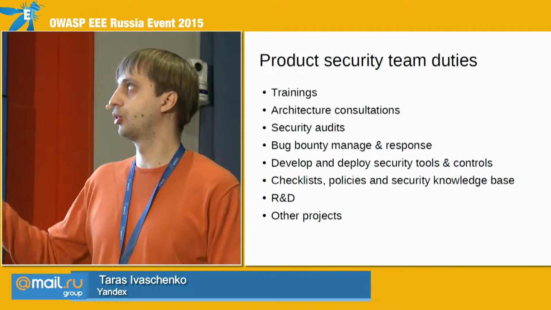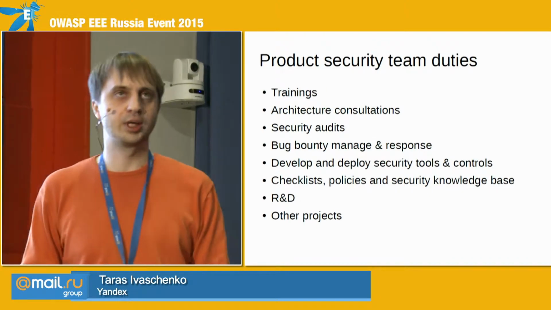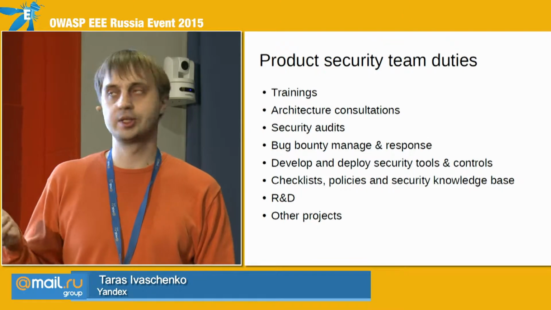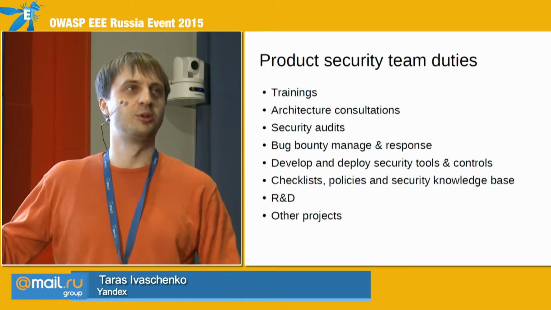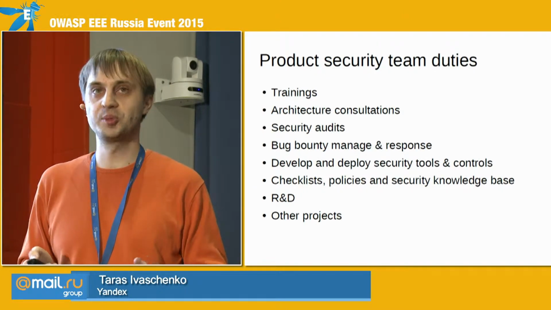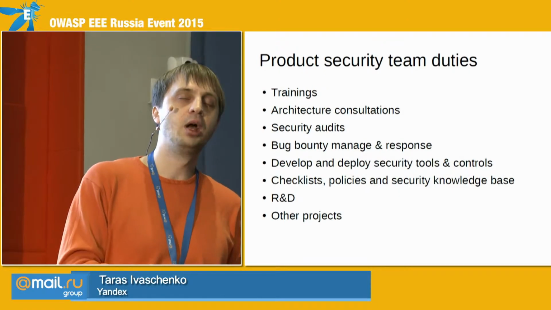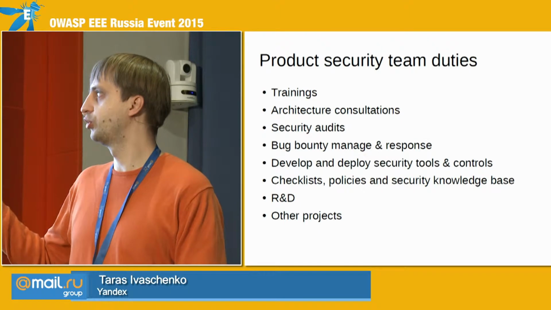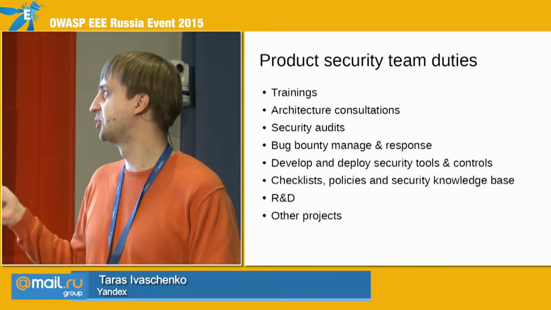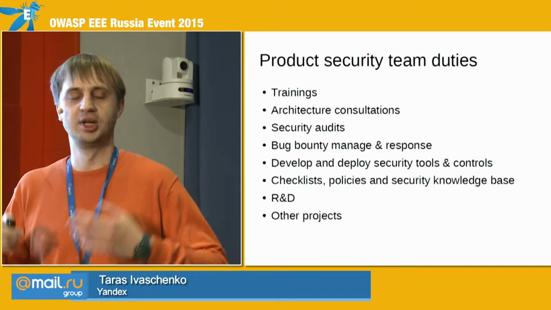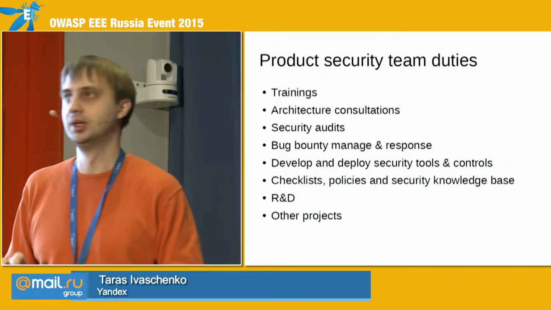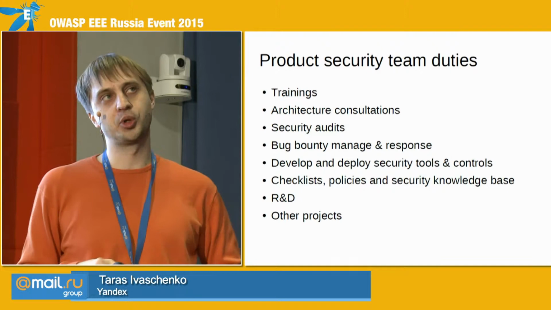For example, we have trainings, a lot of architecture reviews, security audits, penetration tests. Of course, we have bug bounty programs, and we, the product security team, manage and respond in them. And we also try to find time to develop and deploy security tools and controls, and do research and development, and other things. And that's only our product security team.